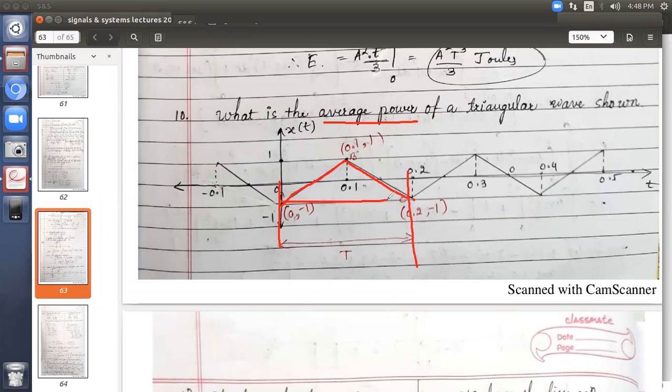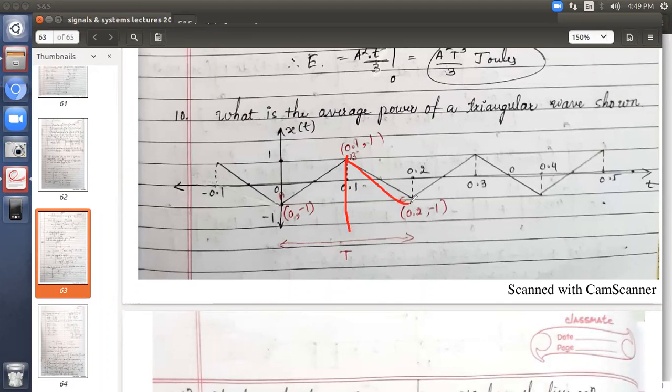Calculate what is the time range between 0 to 0.2. It is 0.2 minus 0. This value minus this value, you will get 0.2. You can try finding it starting from any point. Let me show you. If I take this as the starting point, what will happen?